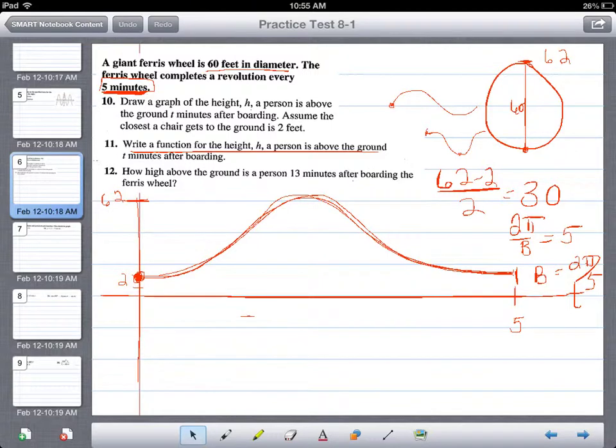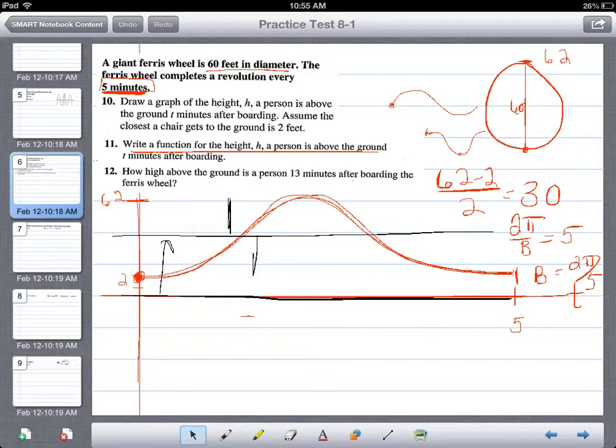But we also have a shift vertically, okay? Ground level is not the x-axis anymore. It's going to be halfway between 62 and 2. So that's going to be right here, middle ground. Where is middle ground? We're going up how much? I know that this is a distance of 30, and this is a distance of 30 down to 2.